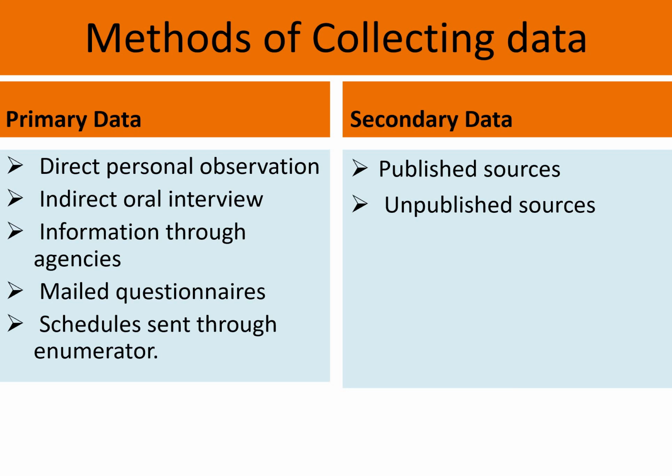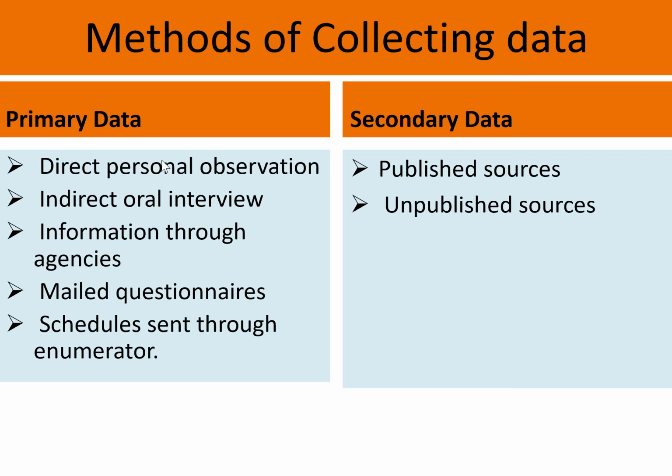What do you mean by direct personal observation? The investigator extracts the required information from the person. He cross-examines the informants and records the answers. This method of direct personal observation is adopted for some cases.